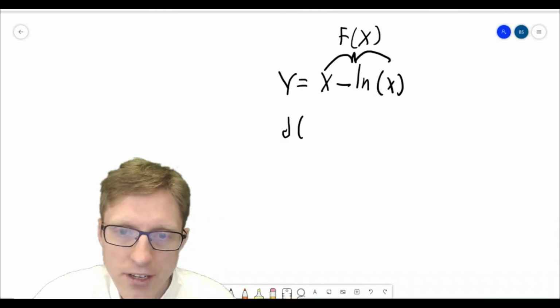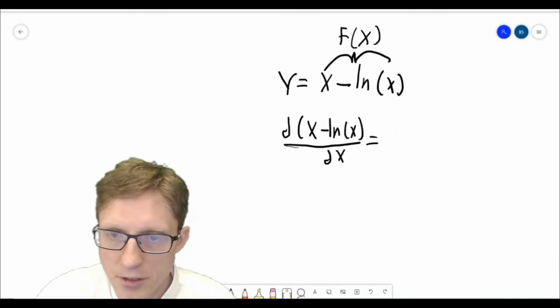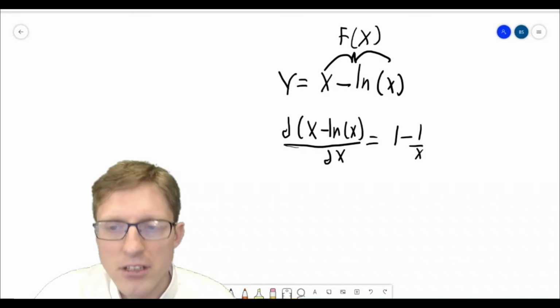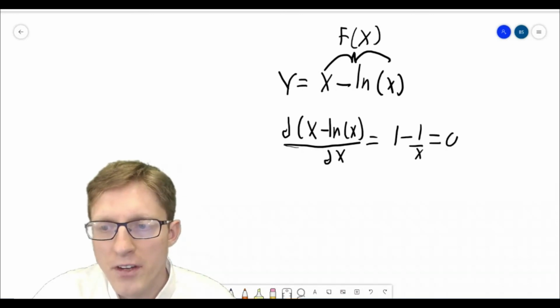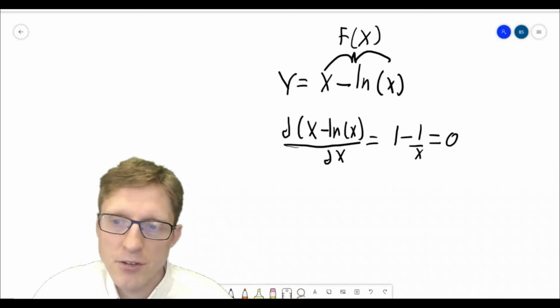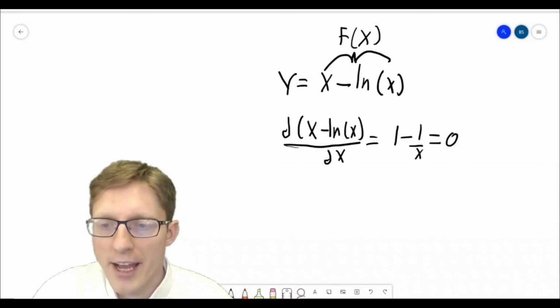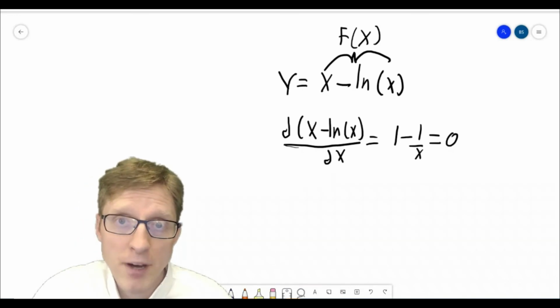We'll take the derivative of x minus the natural log of x with respect to x. And that's going to give us 1 minus 1 over x. Okay. And we want to set that derivative equal to 0. Now you could go through a couple steps to rearrange this to solve for x, or in this example here, might just be able to look at it.